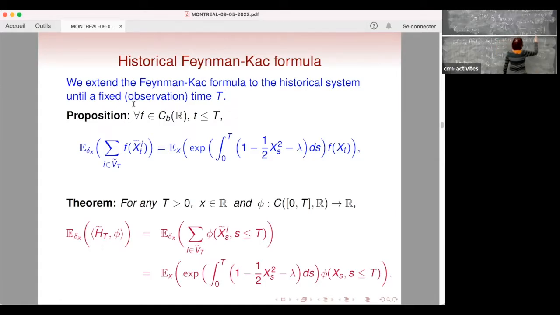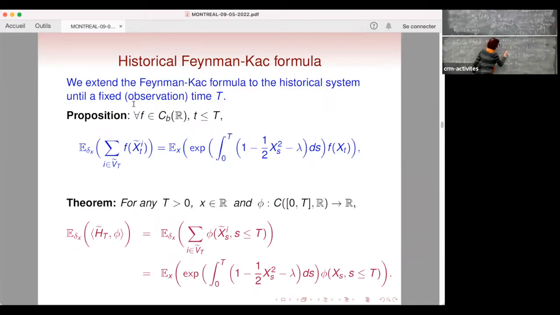And so that's exactly the conditional expectation of the exponential of the integral from small t to capital T of h of x s ds times f of x t.